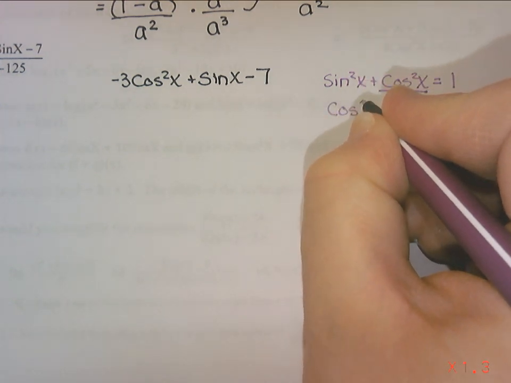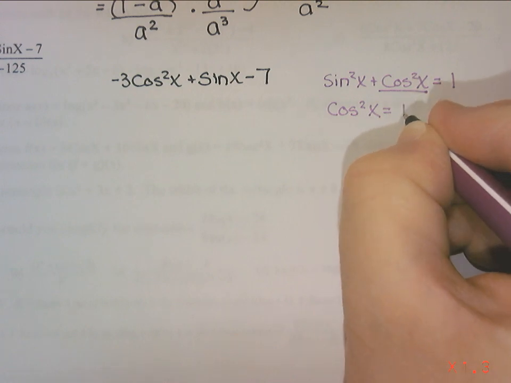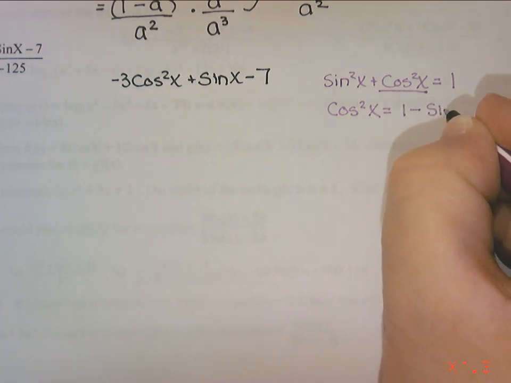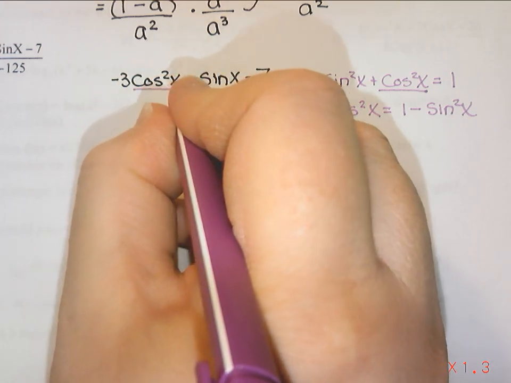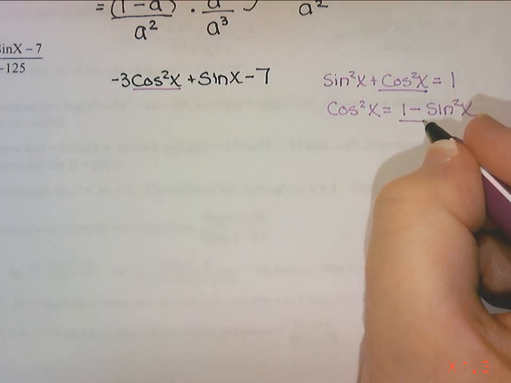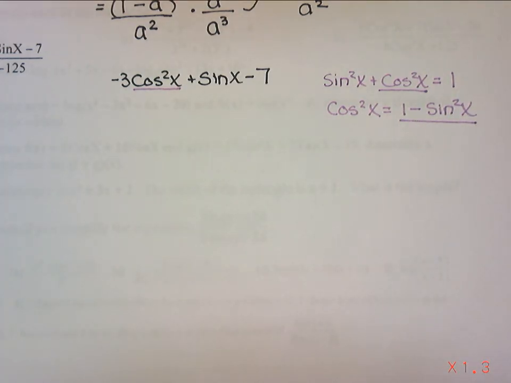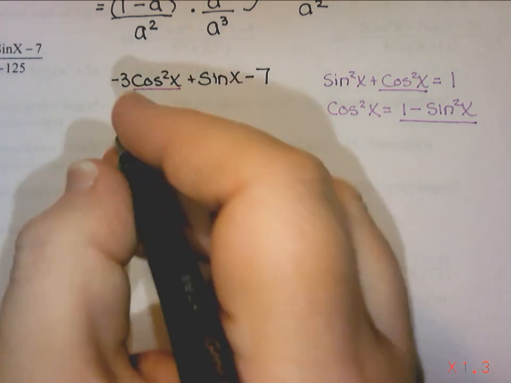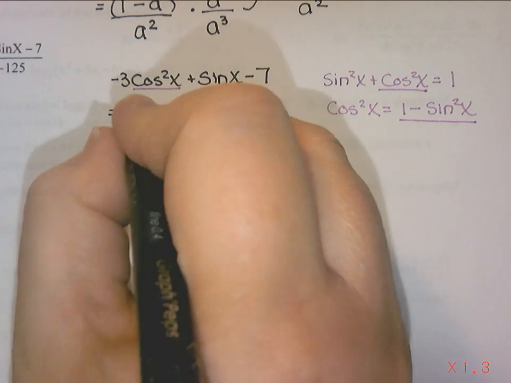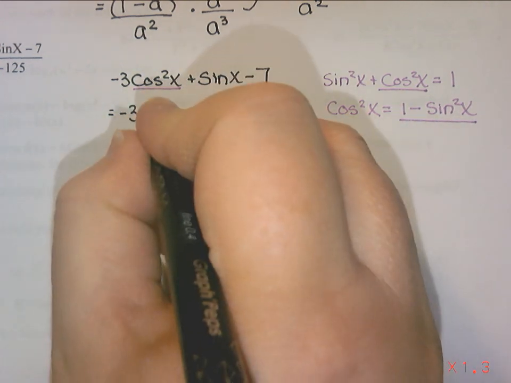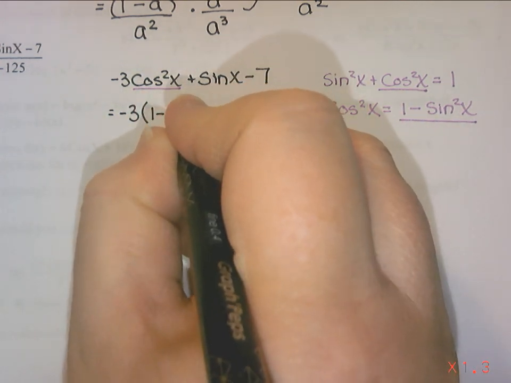So I would get cosine squared x equals 1 take away sine squared x. And then what I'm going to do is take out cosine squared x and put in 1 minus sine squared x. If I do that, this is going to give me -3, and then cos squared x is going to become 1 minus sine squared x.